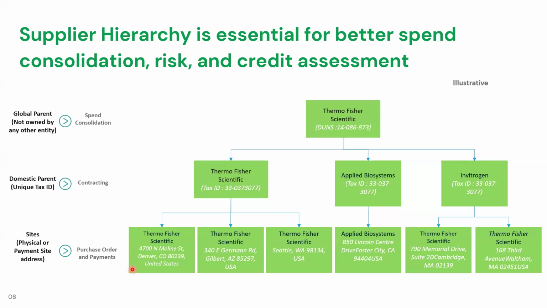Even the ERP sites are clear. The intermediate legal entity level is where some contextualization might be required, based on how your contracting system is set up and what the business exactly wants to see. Based on that, that particular level can be defined.